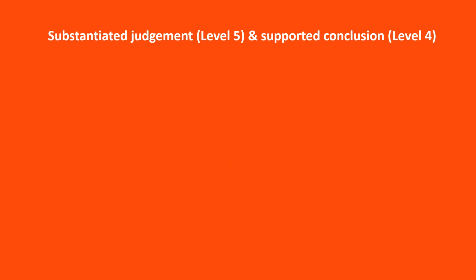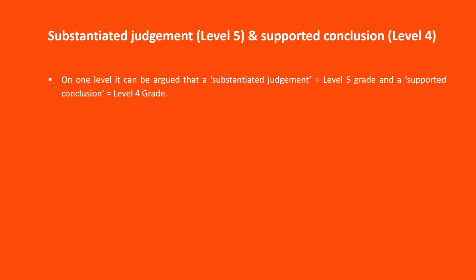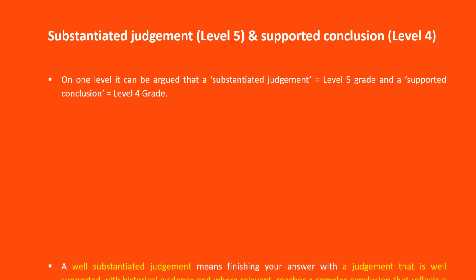So how do we differentiate between a substantiated judgment, which is more likely to get you a level 5 grade, and a supported conclusion, which is more likely to get you a level 4 grade? On one level, it can be argued that a substantiated judgment equals a level 5 grade and a supported conclusion a level 4 grade, but it's a bit more complicated than that in terms of evidence.